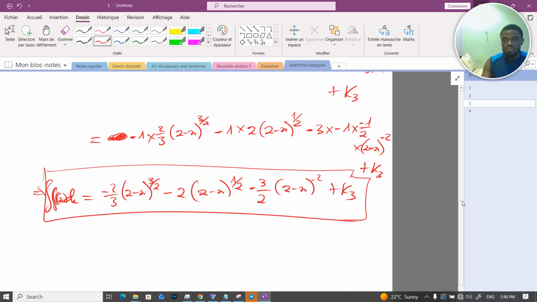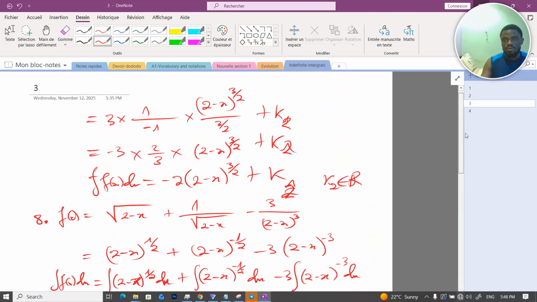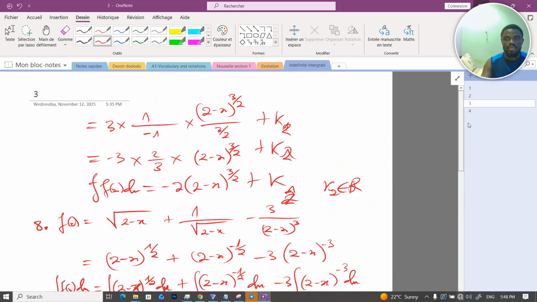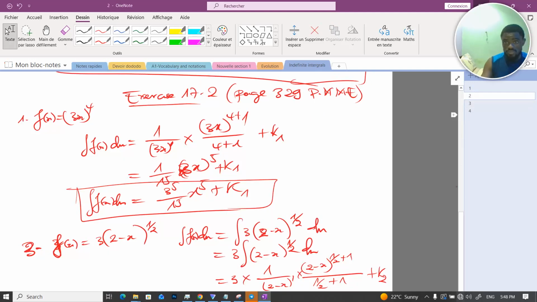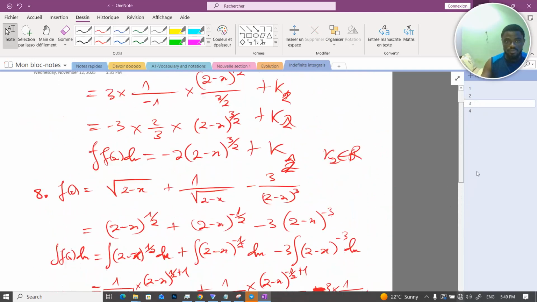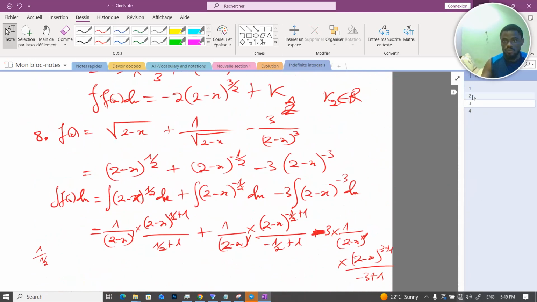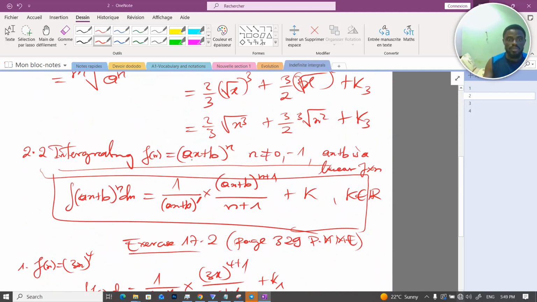So that was all for this part, integrals of functions of the form ax plus b raised to the n, where n is different from 0 and minus 1.